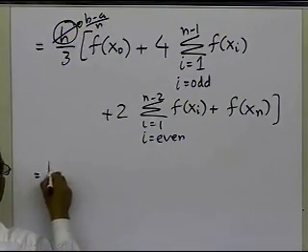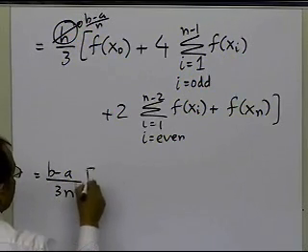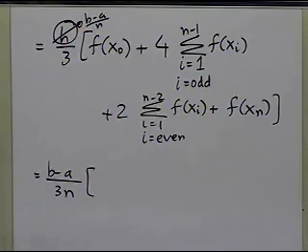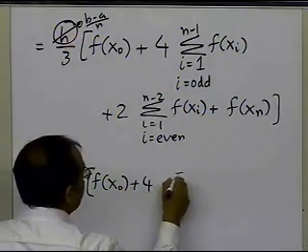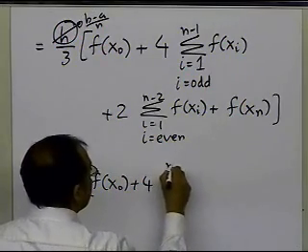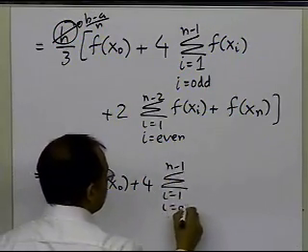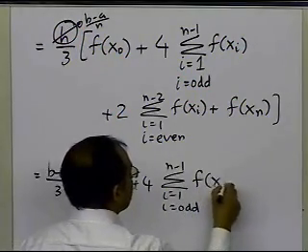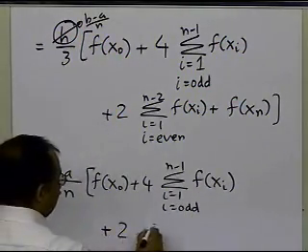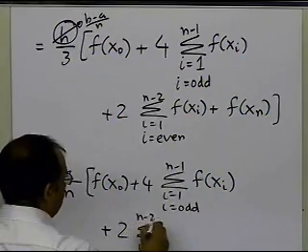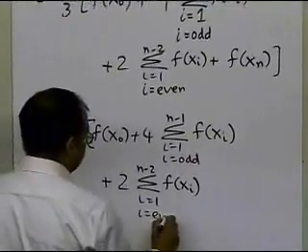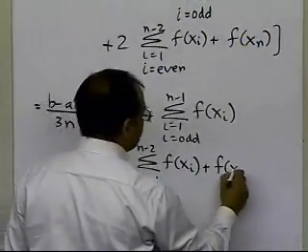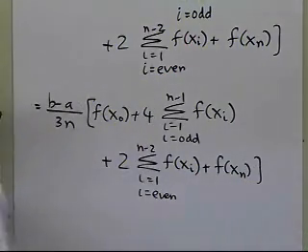So in that case, you'll get b minus a divided by 3n, if you substitute h to be b minus a divided by n, times the value of the function at x naught plus 4 times the value of the function at these odd subscripts of x, plus 2 times the summation, i equal to 1 to n minus 2, f of xi, with i being even, plus f of xn. So that is the compact form of multiple segment Simpson's 1/3 rule.